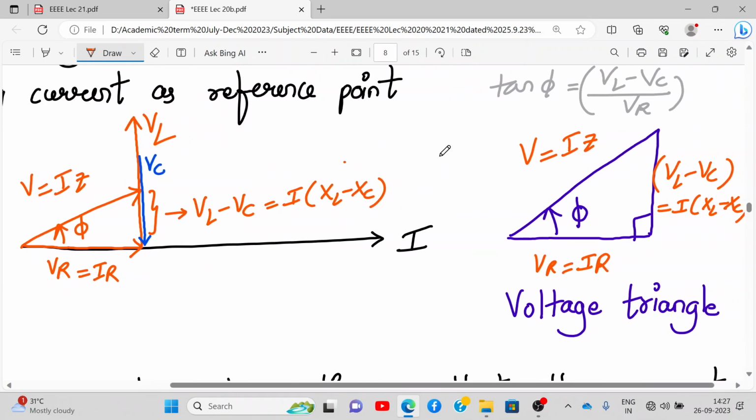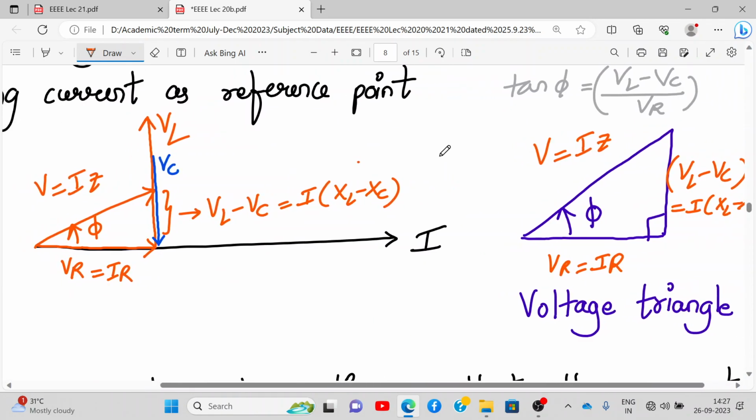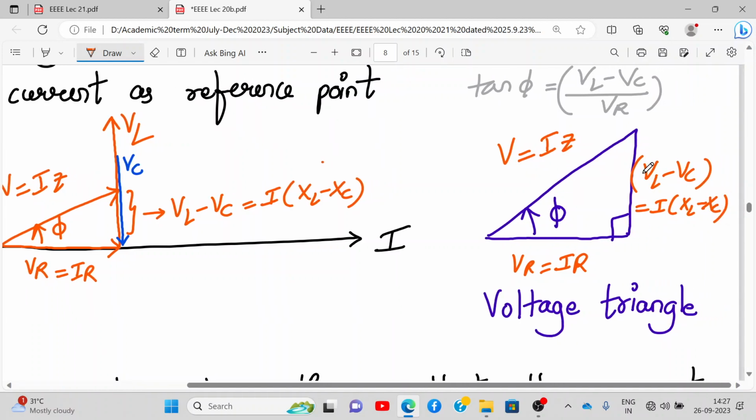Now from here only your voltage triangle comes. V is I into Z, VR is I into R, and this is VL minus VC, which is I into XL minus XC. So this becomes the voltage triangle. Same thing, I've taken it off and drawn it over there. So please draw the voltage triangle also. This is the phasor diagram, and this is the voltage triangle.